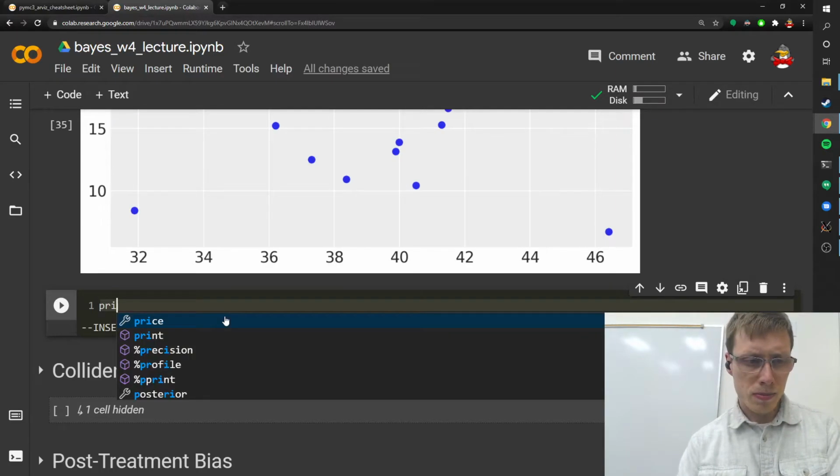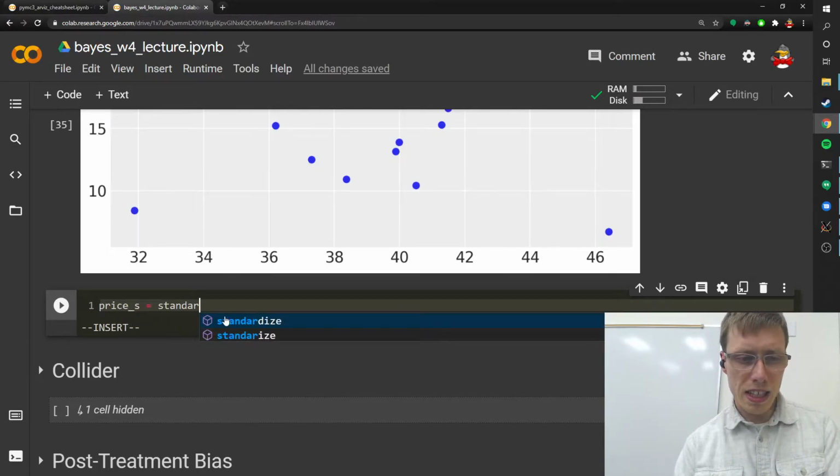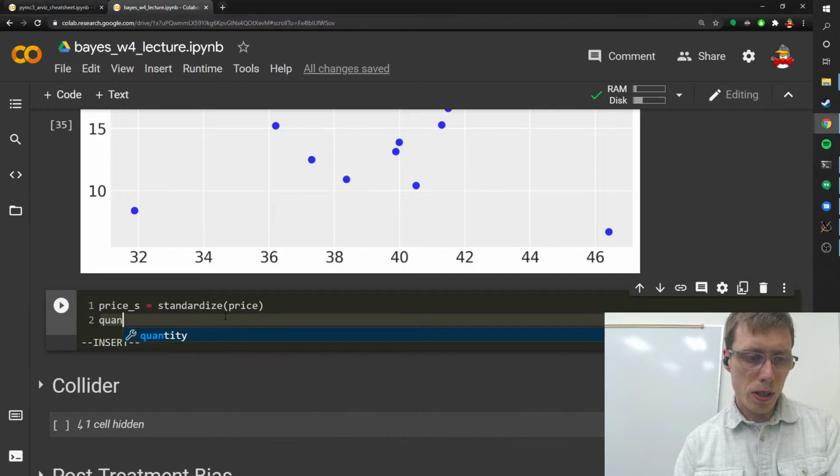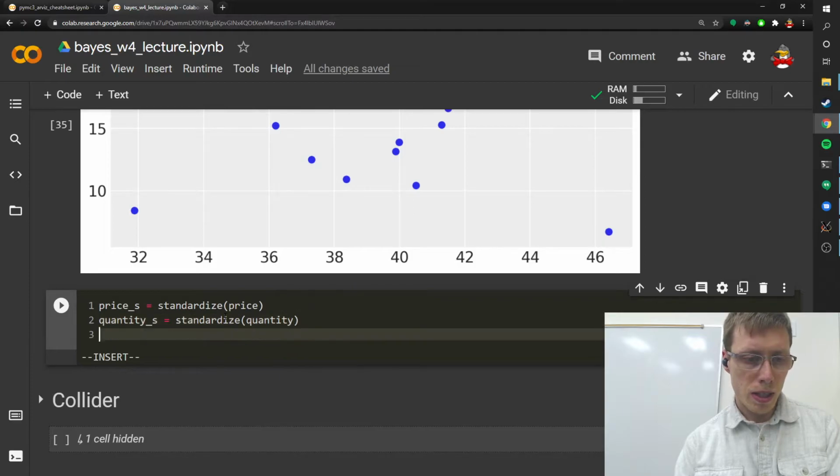So we'll say price test. Let's just standardize these because once again, I don't know what the ranges are or anything like that, and I'm not going to pretend to know. So we'll standardize price, quantity_s equals standardize quantity, and finally, unsold_s will equal standardize unsold.